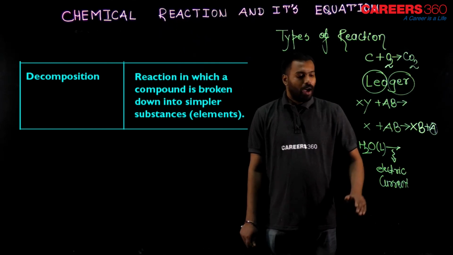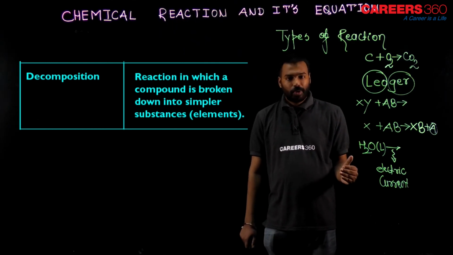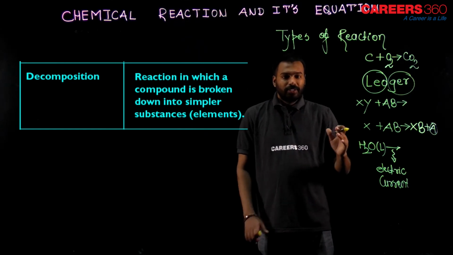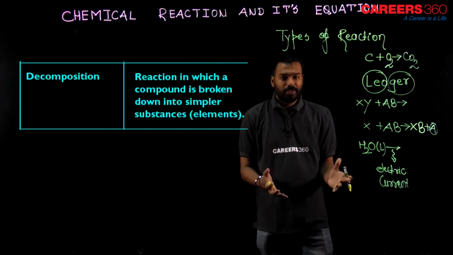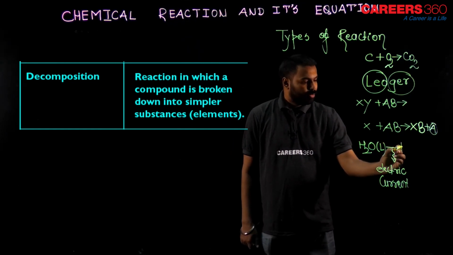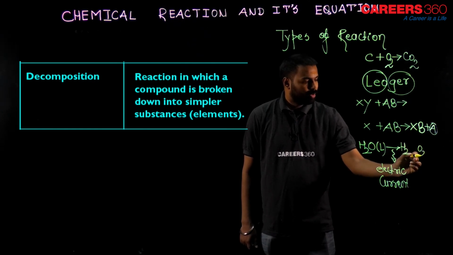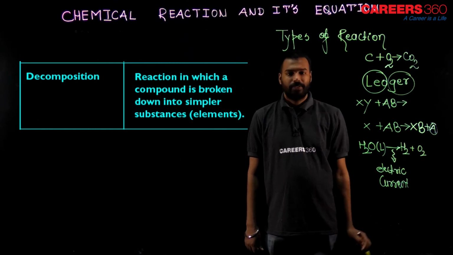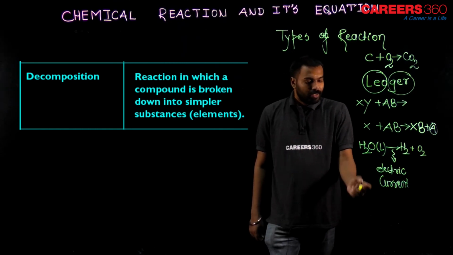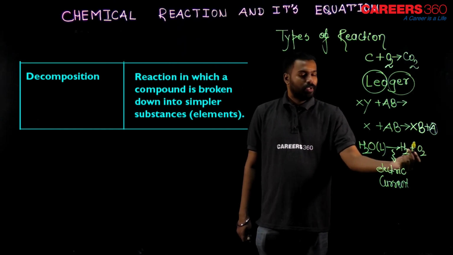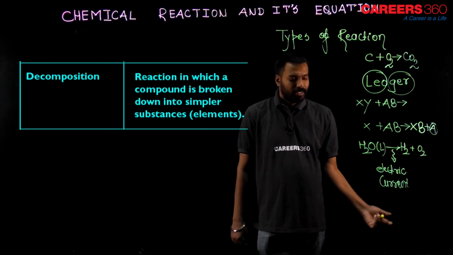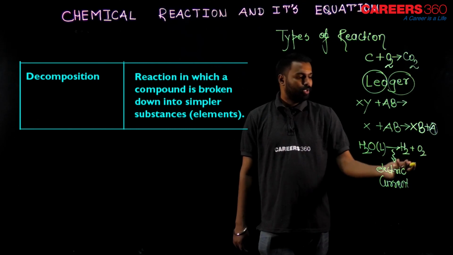Now, what happens if you do this process for a long time? H2O decomposes and converts into H2 and O2. H2 is a gas and O2 is also a gas. Can you see that here is H2O, but here H2 and O2? AB converts into A and B. In the same way, H2O converts into H2 and O2.